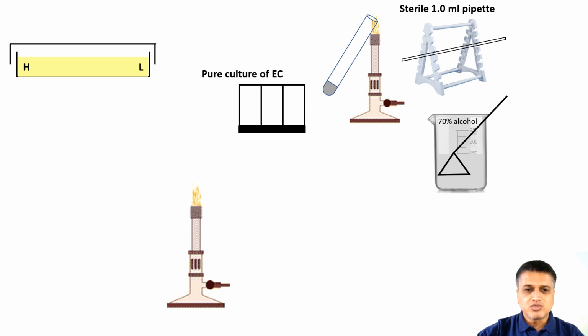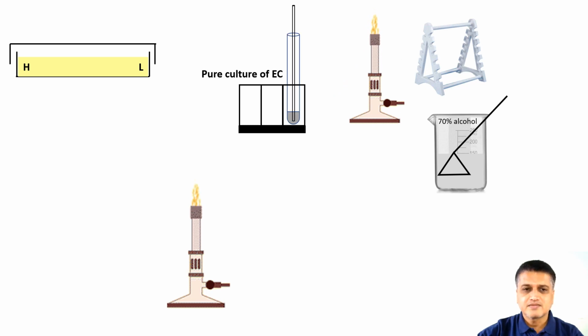Sterilize the mouth of culture tube by keeping it in burner's flame for few seconds. Place sterile 1 ml pipette in culture tube. Pipette in the E. coli culture.